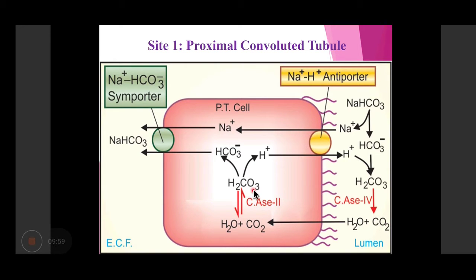And in the cell, again, the same enzyme is present, but a different isoform. Carbonic anhydrase 2 is present, which converts the water and carbon dioxide to carbonic acid and then subsequently into bicarbonate, which is then transferred into the ECF using sodium bicarbonate symport.